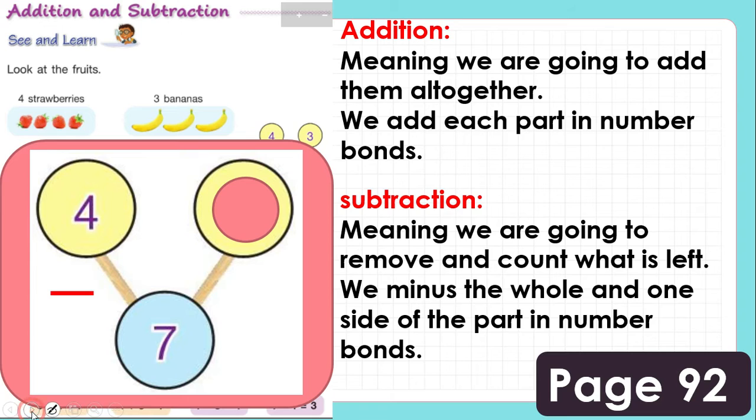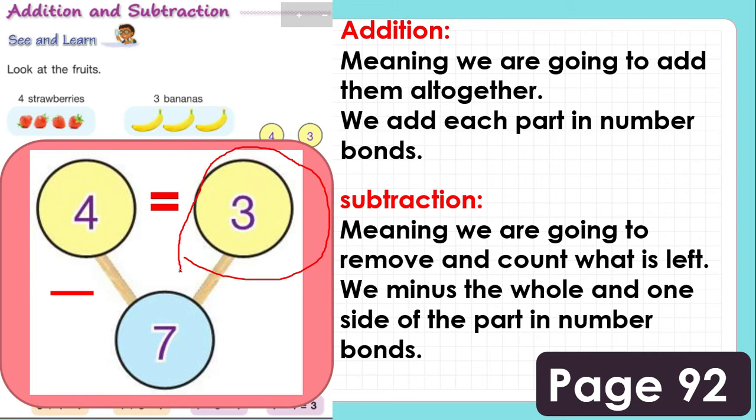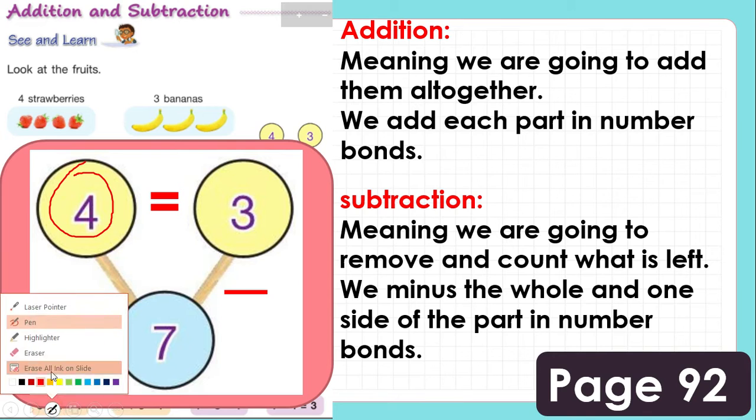So we use the minus symbol: 7 minus 4 equals 3. There you go, we've got the other side of the number bond. Or we can also do it like this: 7 minus 3, so we'll get 4. Easy, okay? Next, let's go to page 93.